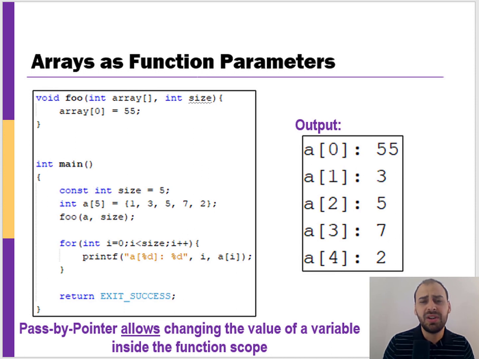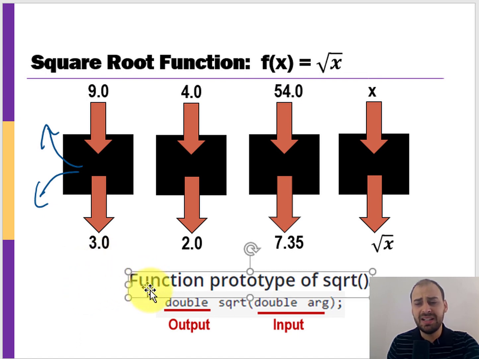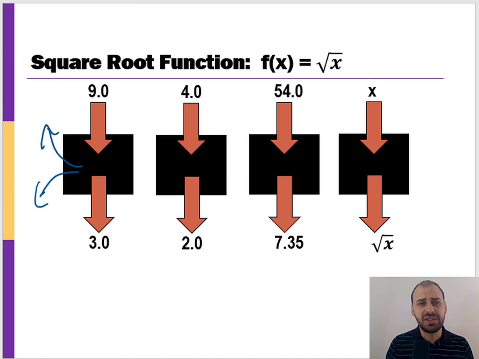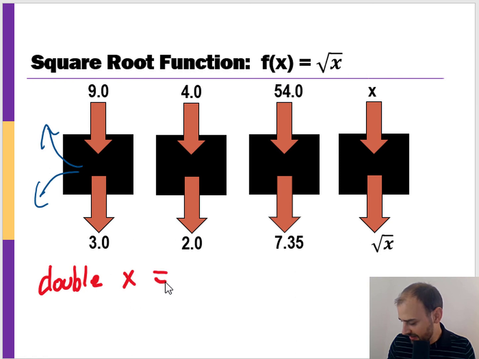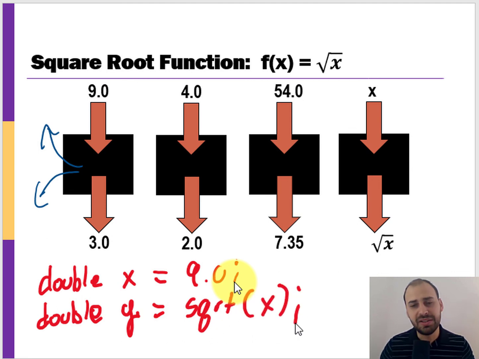For instance, if we go back to the square root function, we would expect that I could do something like this: double x equals 9, and then double y equals the square root of x, calling the square root function.